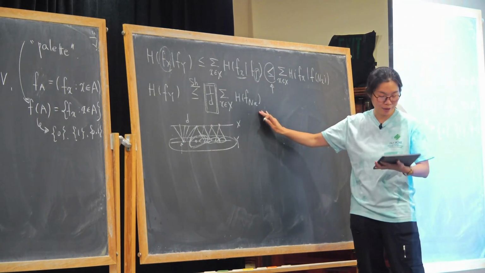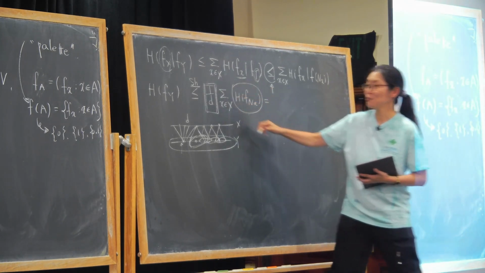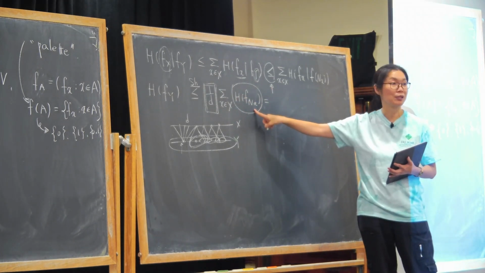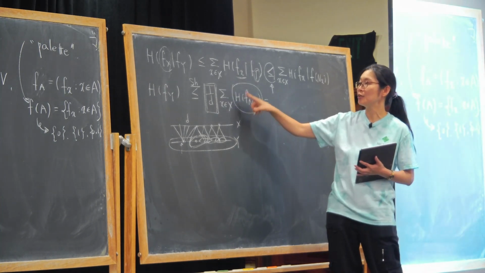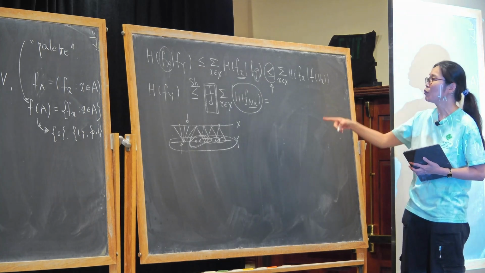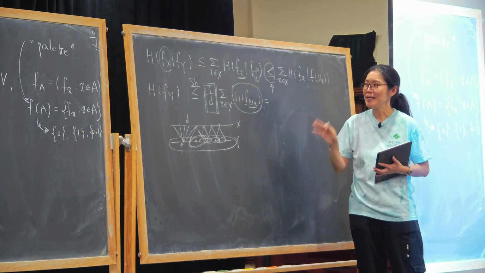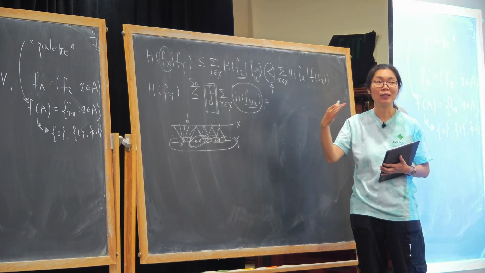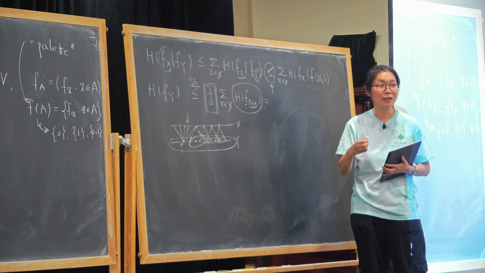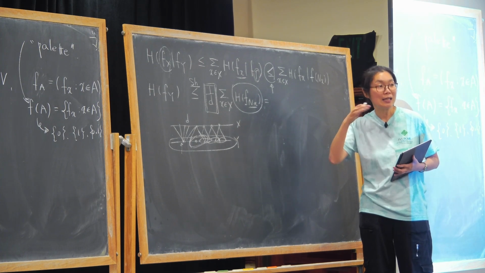If you're okay with this, now we will expand this term. This is the entropy of the colors in the neighborhood of x, and we want to split this. Our plan is to reveal a small amount of information at the beginning, and then take advantage of this small revealed information to get more information at a cheap cost.